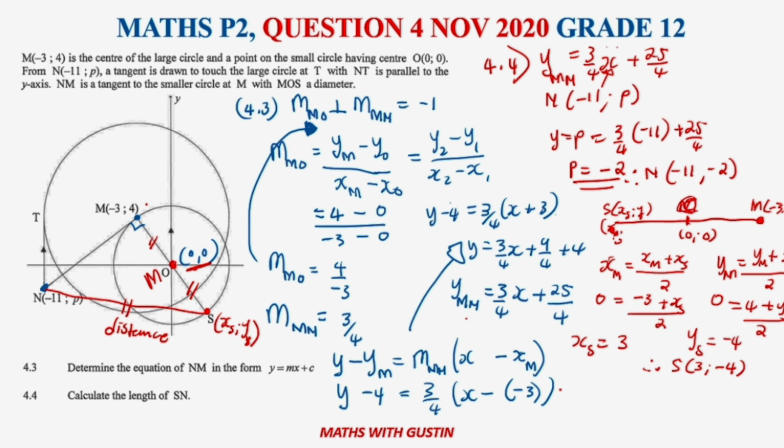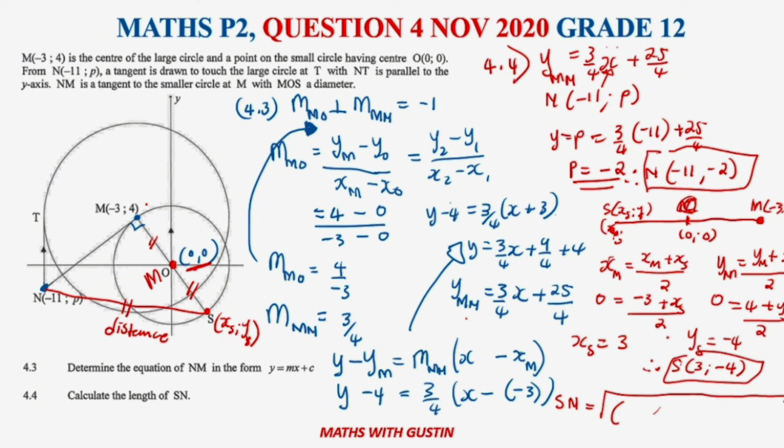To calculate the length of SN, since we have got all the coordinates, there is our first coordinate and there is our second coordinate. You can therefore use the distance formula, which I'm not going to write here because I don't have space.